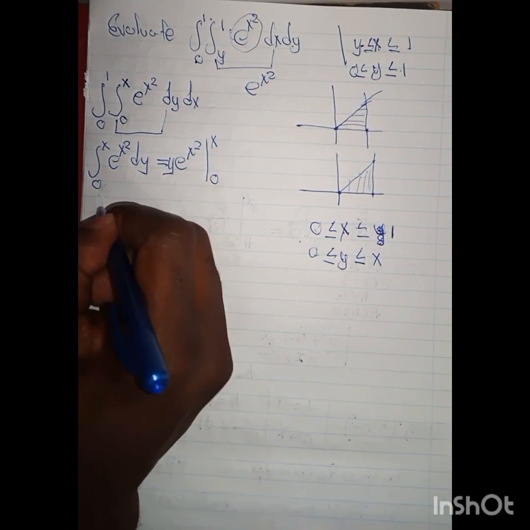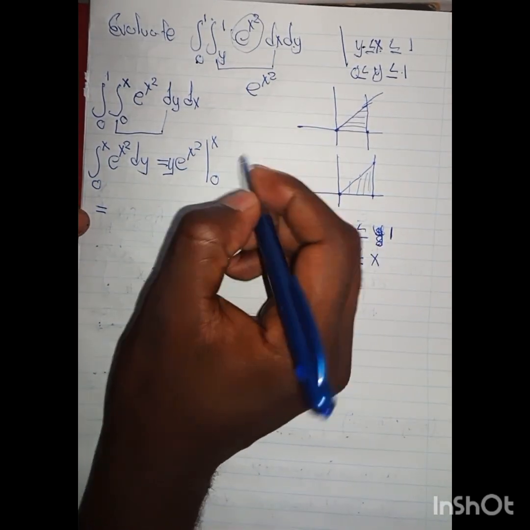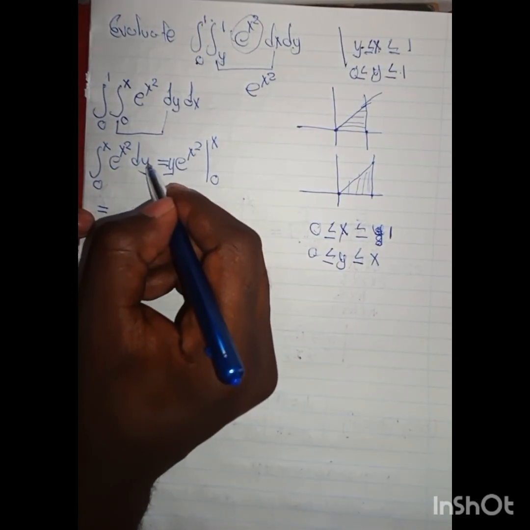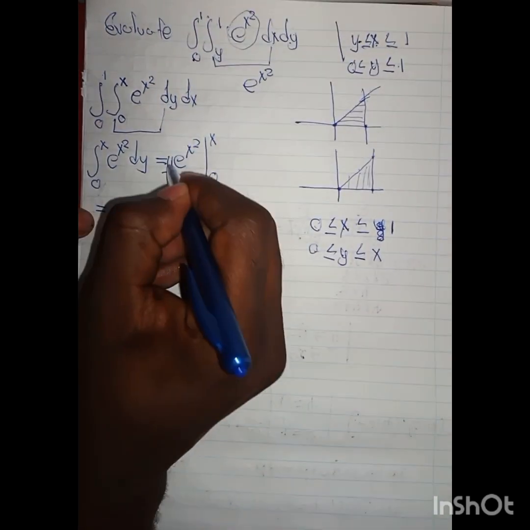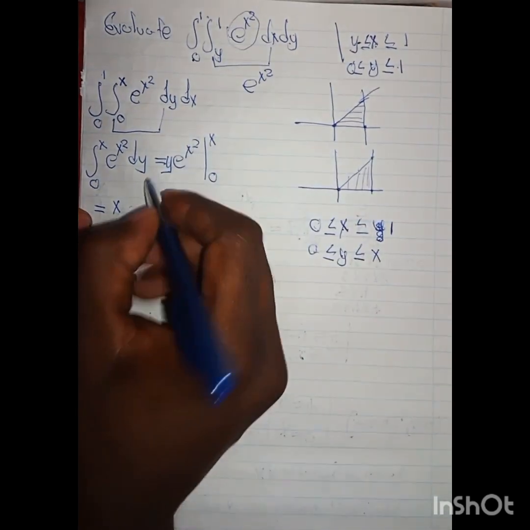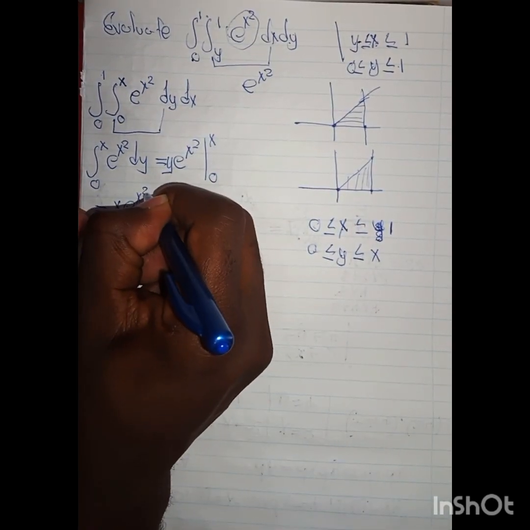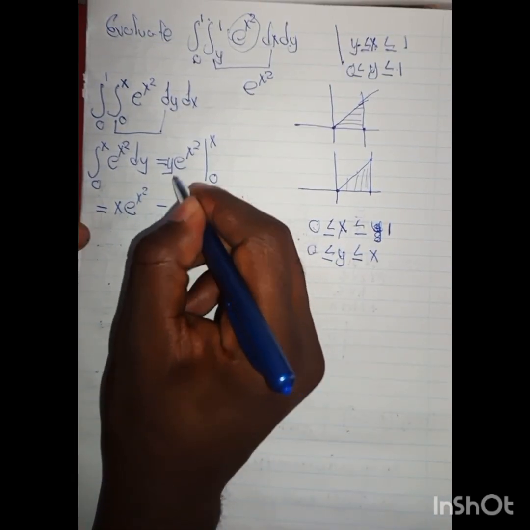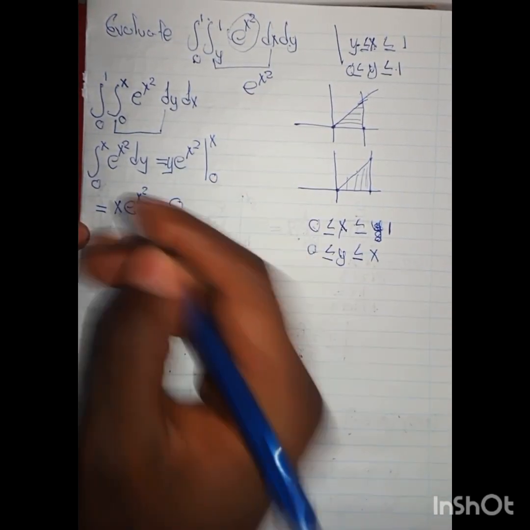We know that by having the limits from 0 to x, and having integrated with respect to y, where there is y, we have to substitute our limits. So first I will have x representing y as the upper limit, e to the x squared, minus where there is y, now I'll put in 0, and 0 multiplied by everything here will just be 0.